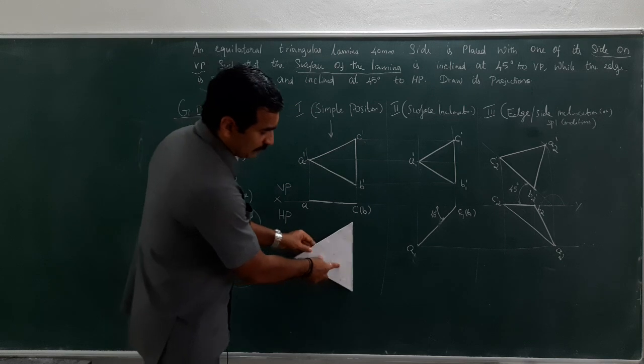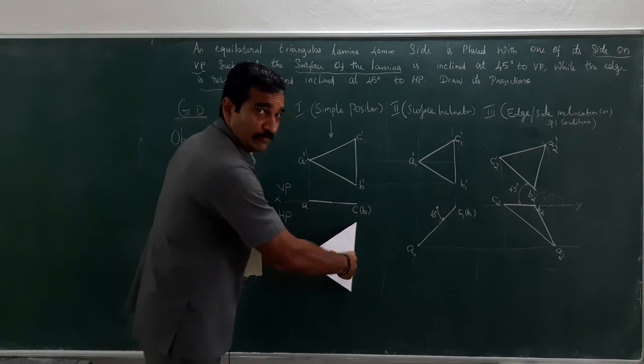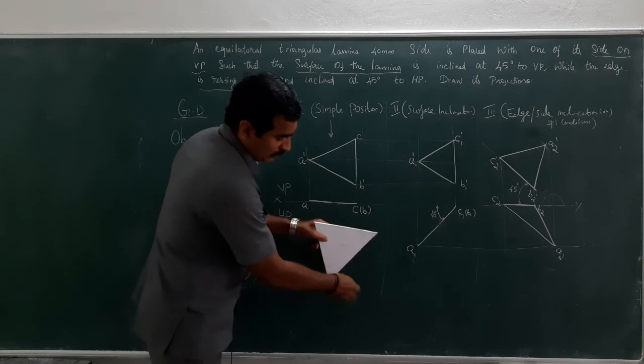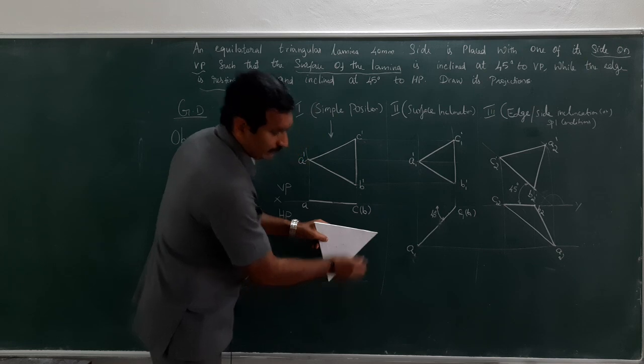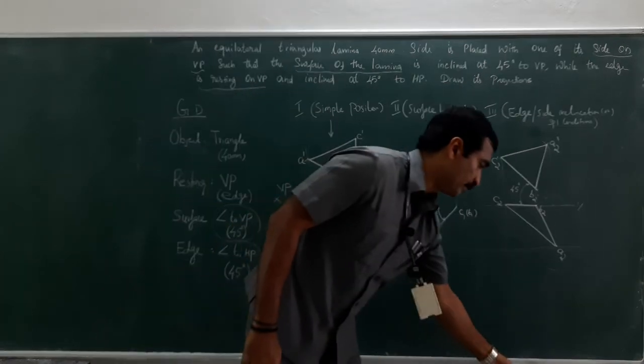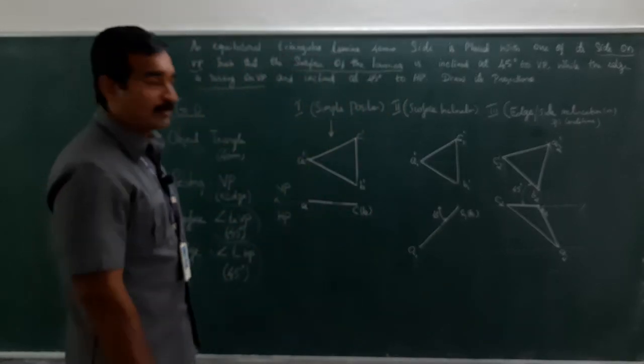So, initially the object was resting in this manner. Then it was tilted at an angle of 45 degrees with VP. Then it was tilted at an angle of 45 degrees with HP. So, these are the three steps, right? Next, I need to do the dimensioning.